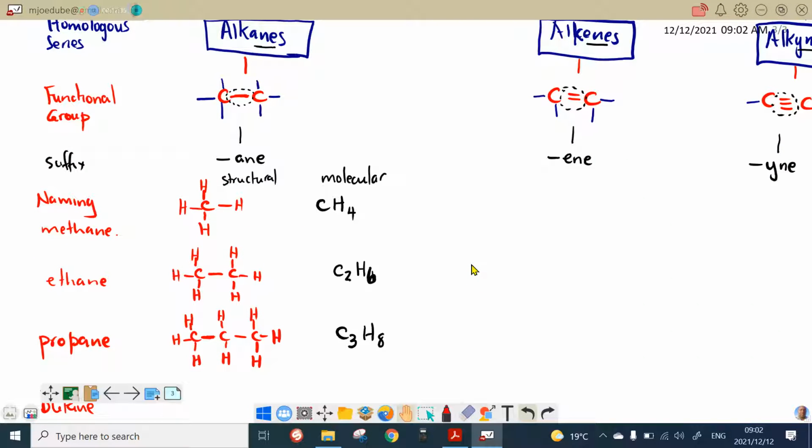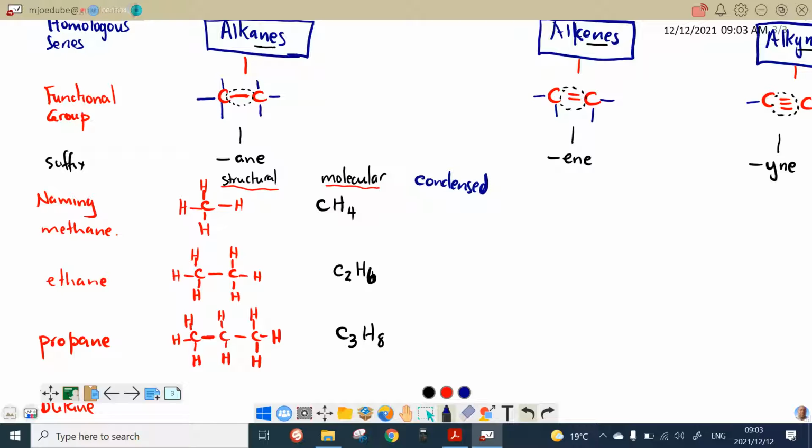There is also another formula that you should be able to use to represent the compound, and this is referred to as the condensed formula. So you've got your structural, you've got your molecular, and then you've got the condensed formula. Now, how do we represent the condensed?